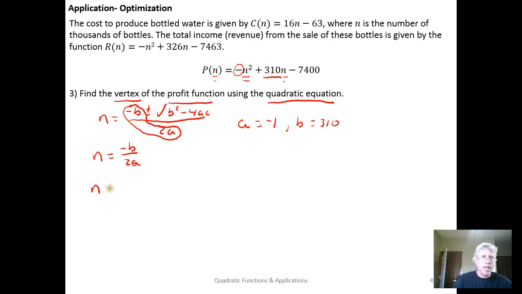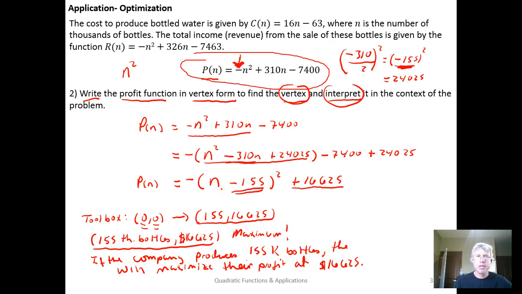So the n coordinate of the vertex is going to be the opposite of b, but b is 310, divided by 2 times a, but a is negative 1, so we wind up getting a negative divided by a negative is a positive. 310 over 2 gives us a 155, which matches with the 155 that we got right here as the n coordinate of the vertex.